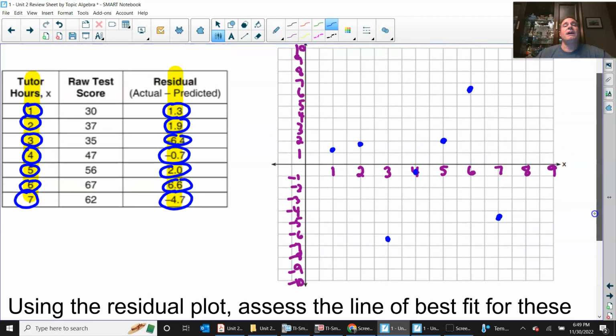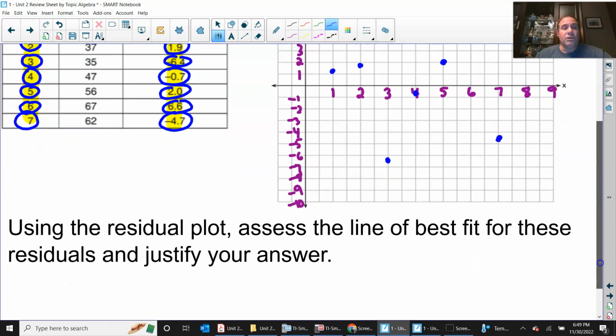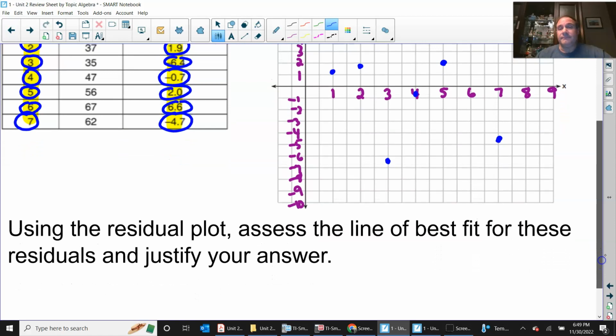It does not look like a U shape to me. All right, so you're assessing the line of best fit. Is this a good line of best fit? Does it justify, based on the residual plot? It does not make a U shape.